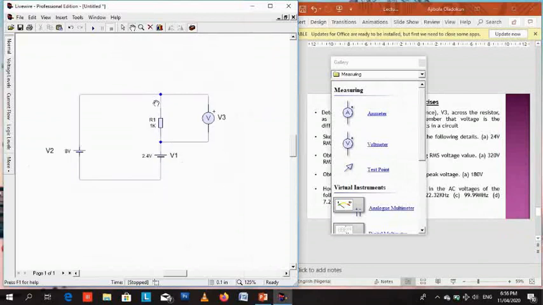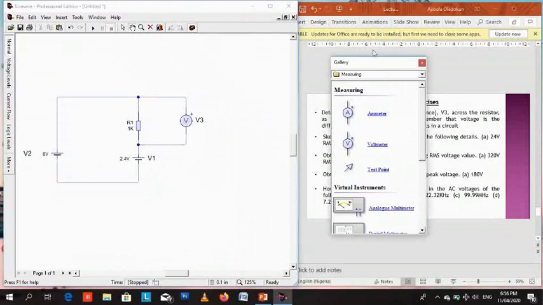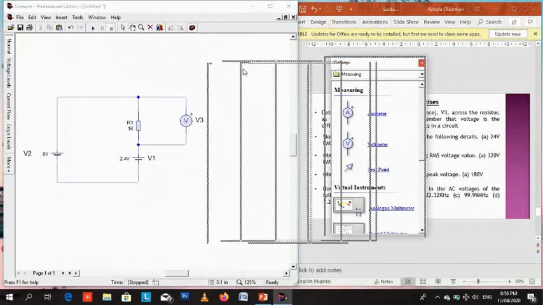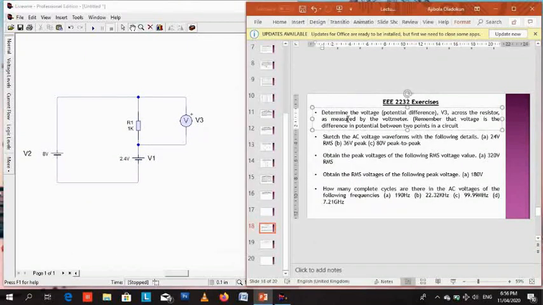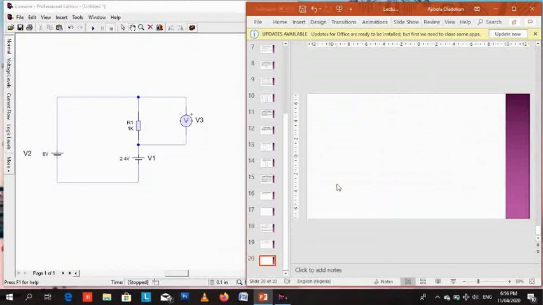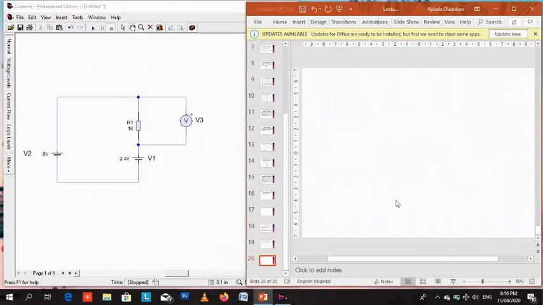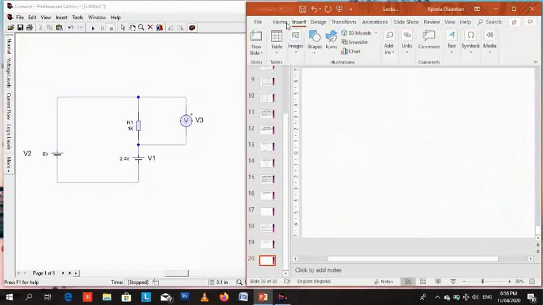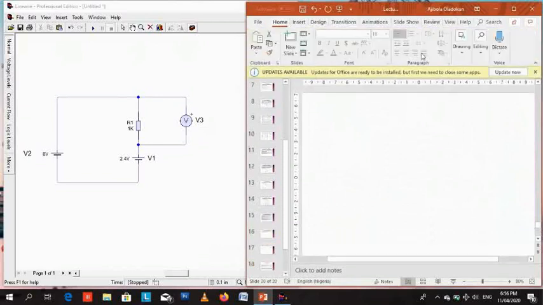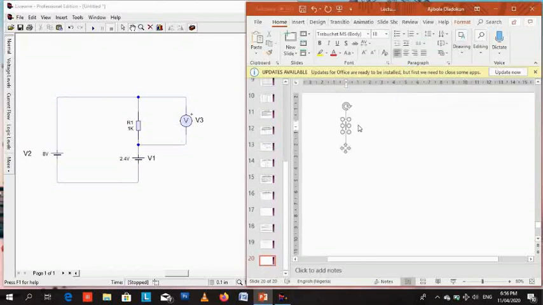Let's move this to the left so we can make some notes in the PowerPoint window and run simulations in the virtual laboratories, side by side simultaneously to make things easier for us. I think this should be okay. Okay, let me insert the text box.